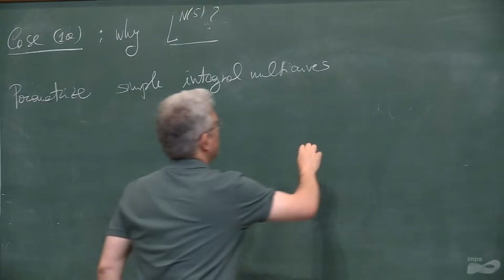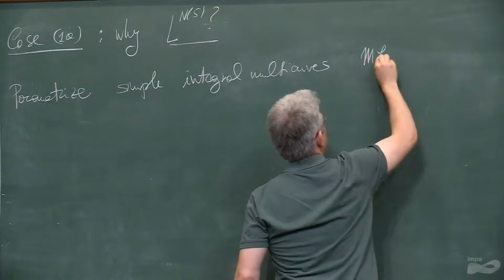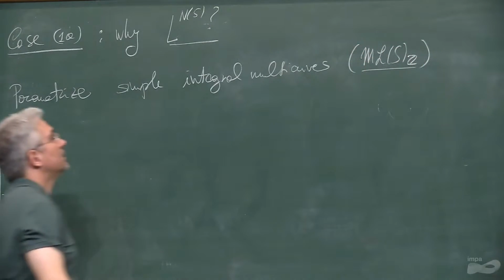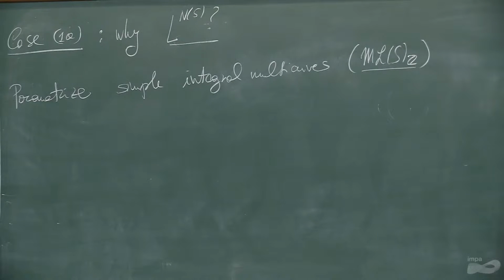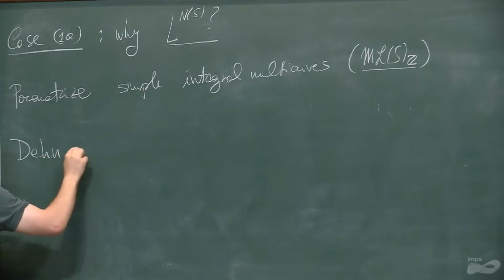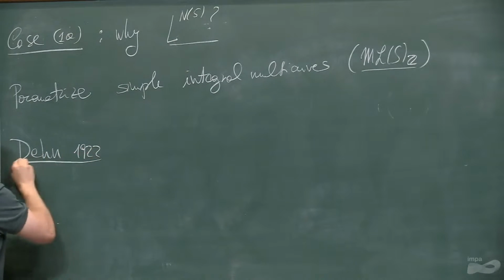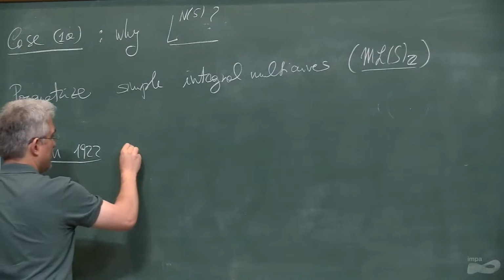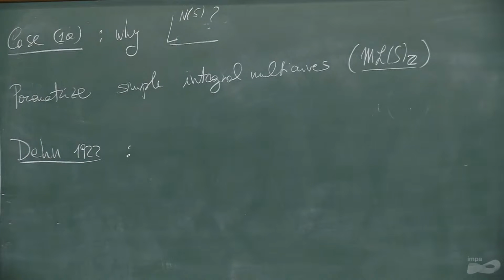Let's call this, for some reason that will be clear later, with this symbol. So how do you parameterize? You can parameterize using results by Dehn, which gives so-called Dehn-Thurston coordinates on the sets of simple integral multicurves.